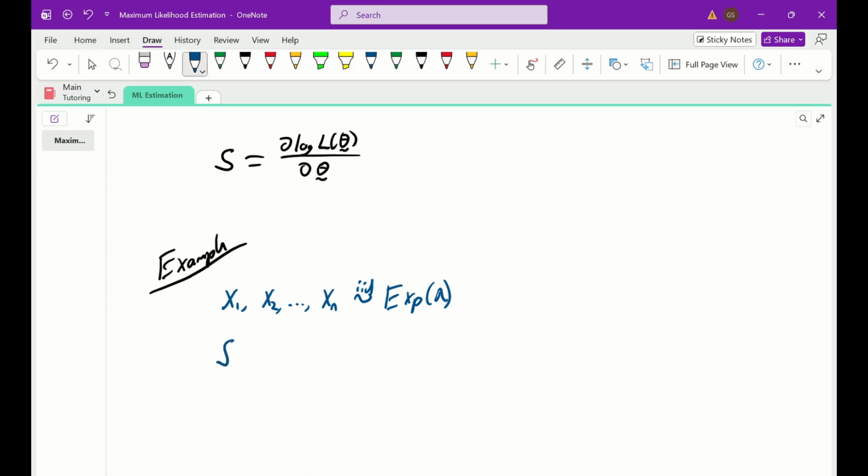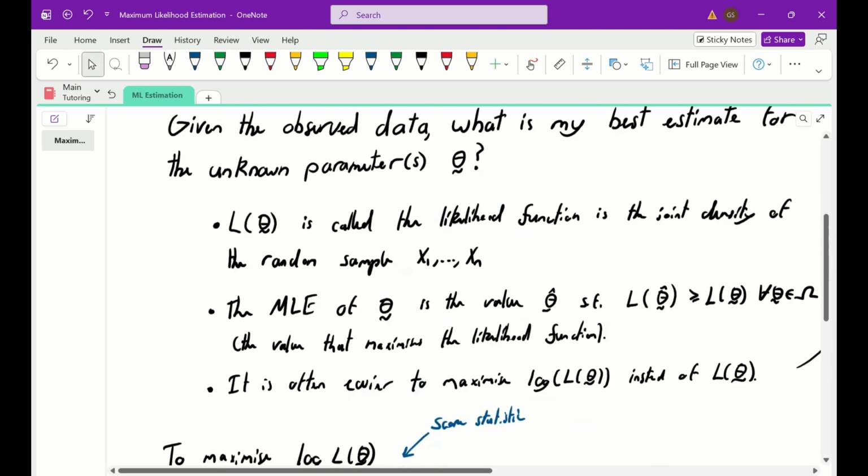So the probability density function is f(x) equal to lambda e to the negative lambda x, right? That's the probability density function for an exponential lambda distribution. Okay, so we've got that. Now, let's look back at the notes above here.